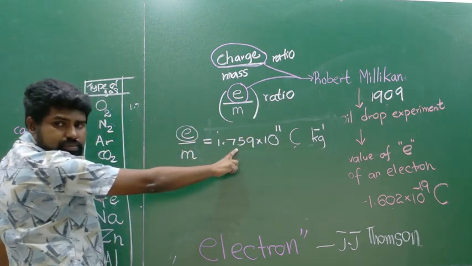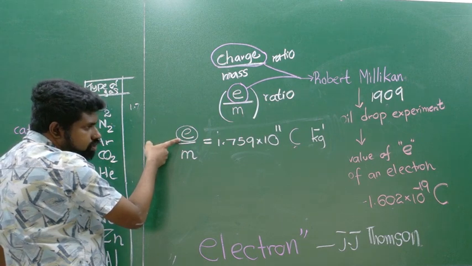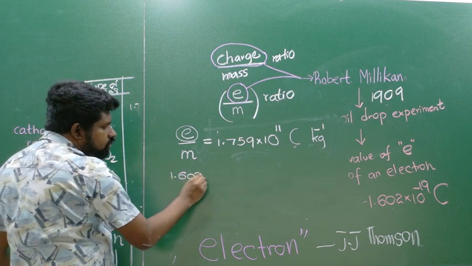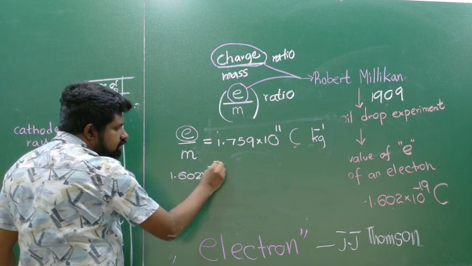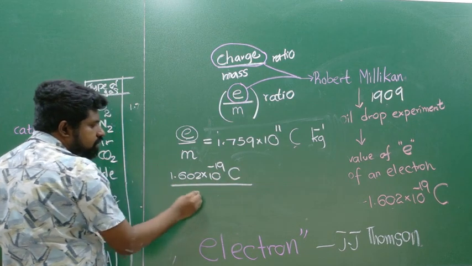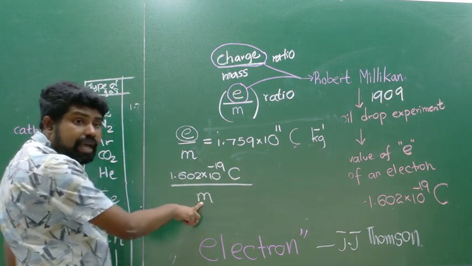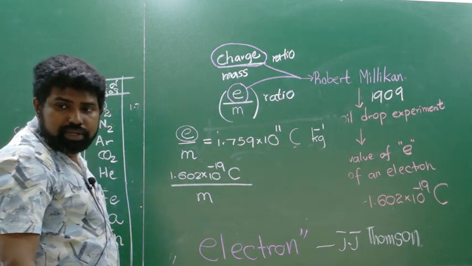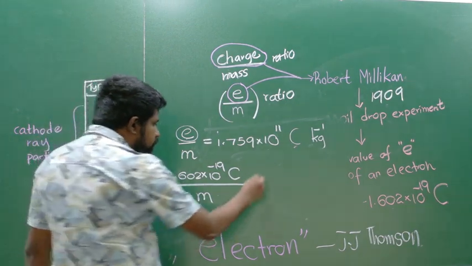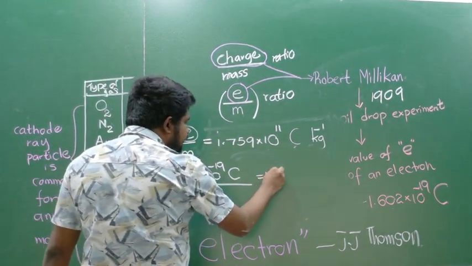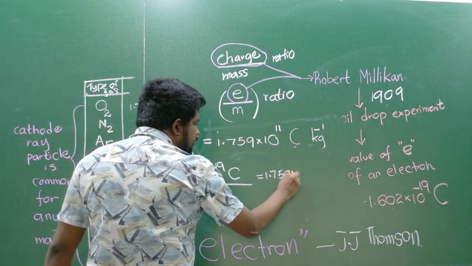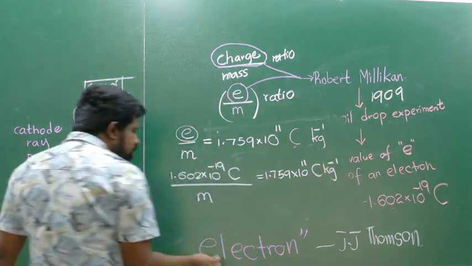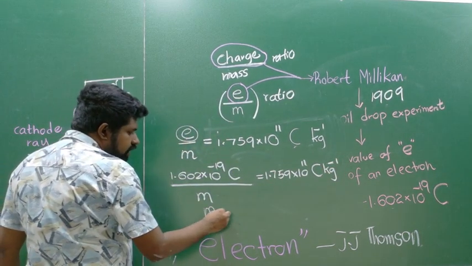The value of e, the charge of an electron, is known, 1.602 times 10 to the power minus 19 coulomb, divided by simple m, the mass of an electron. So, from these 2 experimental data, we can calculate the value of simple m, that is the mass of an electron.